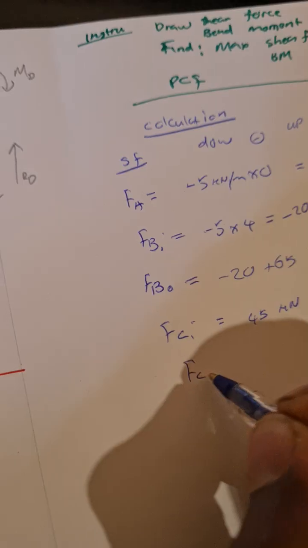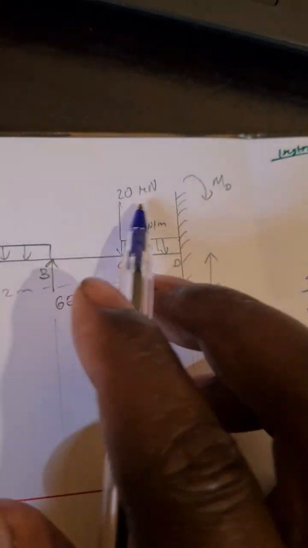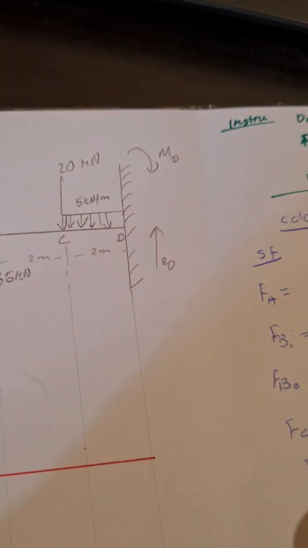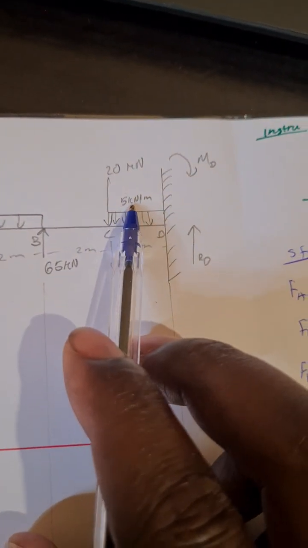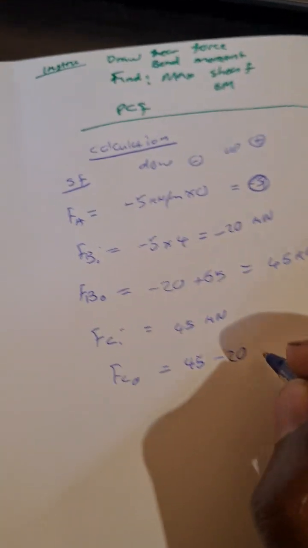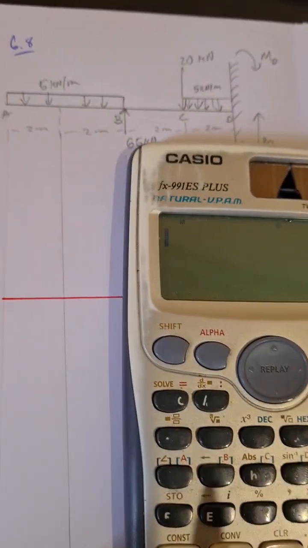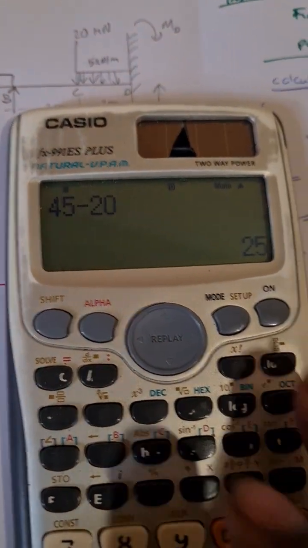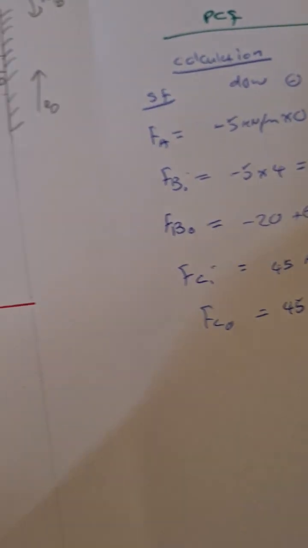And then at C, we reach C, we have 45, then we have minus 20, and then after minus 20, remember the UDL also starts here. 5 times 0, which is equal to, it's just 45 minus 20, which is 25 kilonewton.